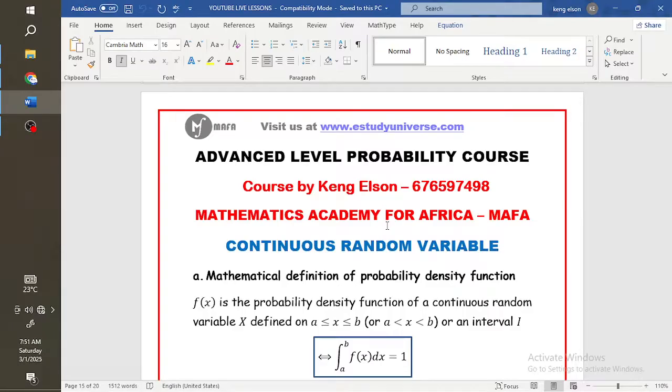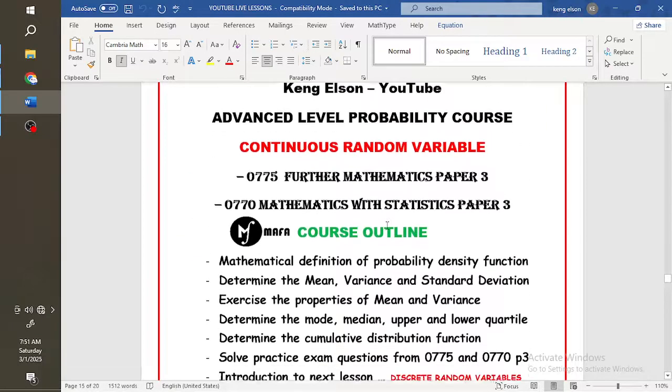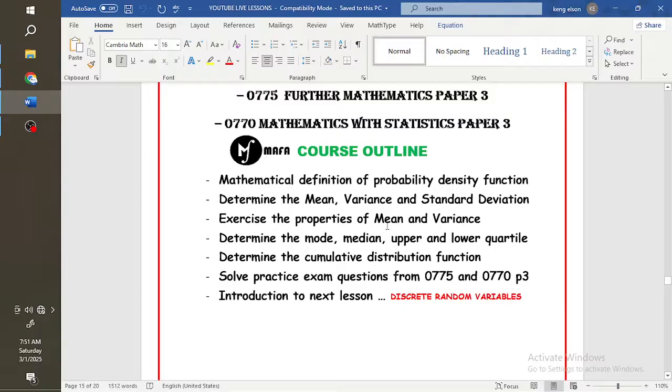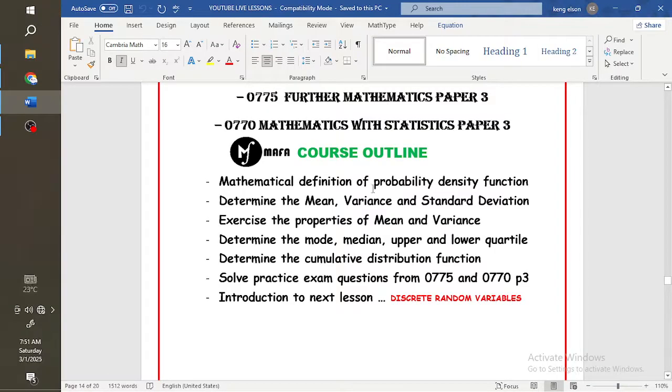Okay, so we have a course outline. We have to look at the mathematical definition of the probability density function for a continuous random variable. We need to determine the mean, the variance, and the standard deviation of a continuous random variable. We are going to exercise the properties of the mean and the variance. We are going to determine the mode, the median, the upper quartile and the lower quartile.